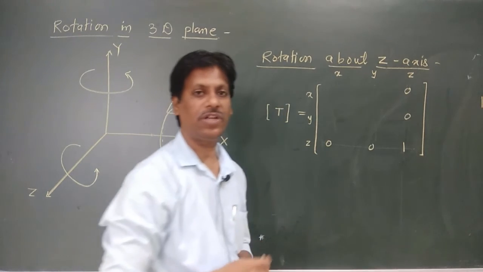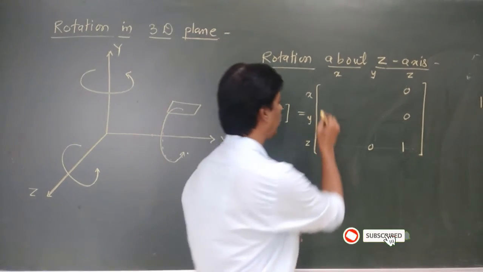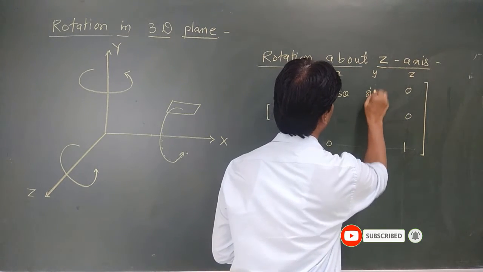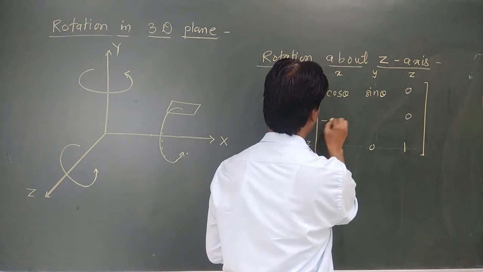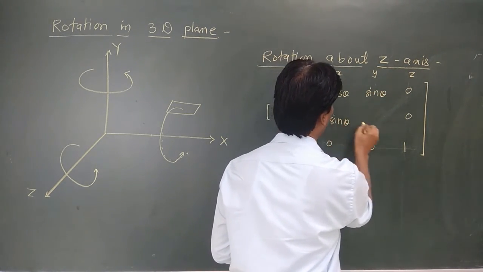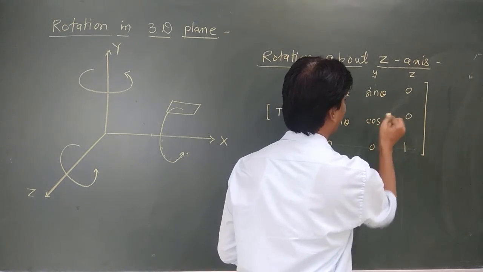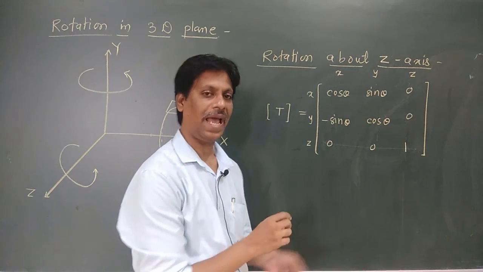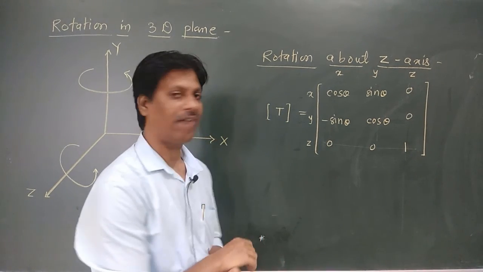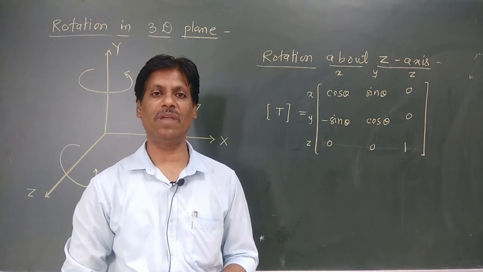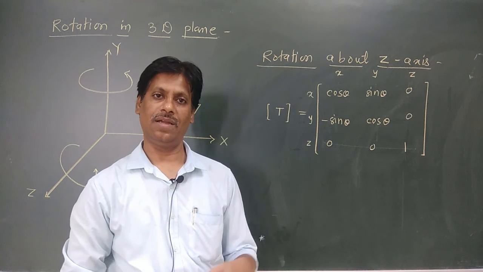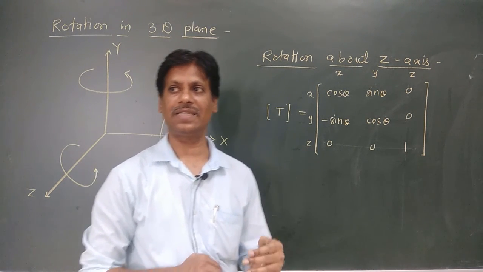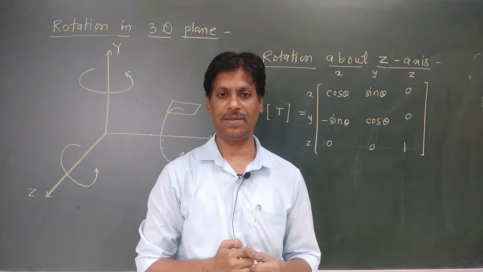For the rest of the positions we write the same transformation matrix, that is cos theta, sin theta, minus sin theta, and then cos theta, where theta is the angle of rotation about that axis. So likewise we can write all three transformation matrices for the rotation in the three-dimensional plane, about the x-axis, y-axis and z-axis. Thank you.